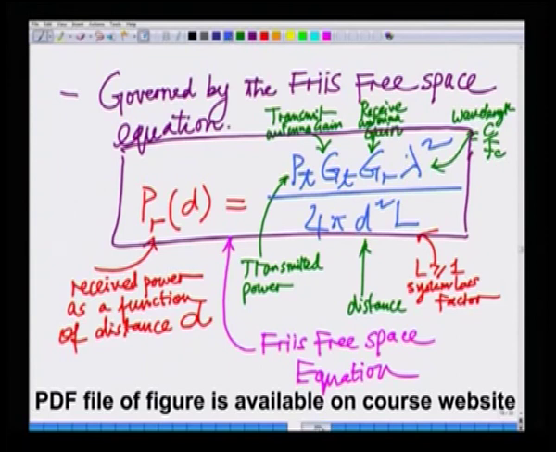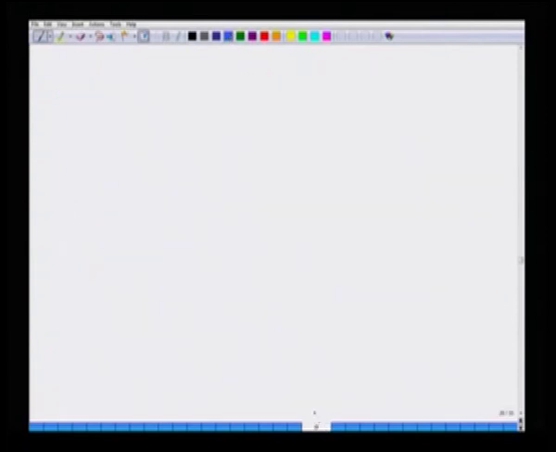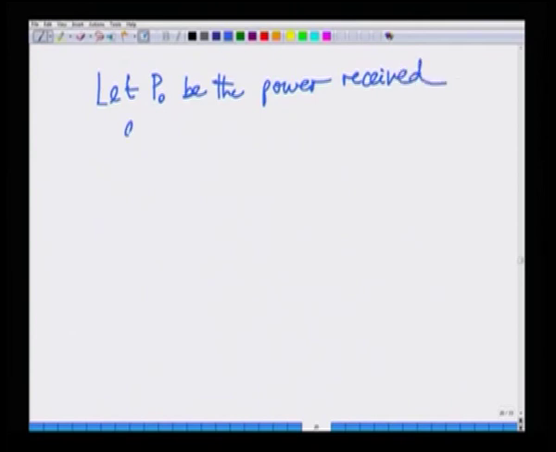Now we can simplify this as follows. Let P naught be the power received at a reference distance d naught.